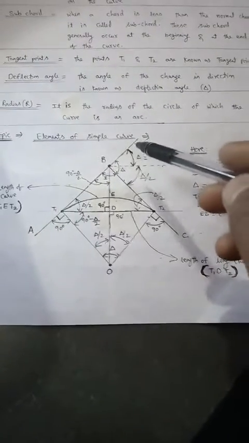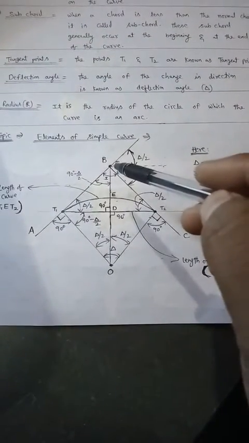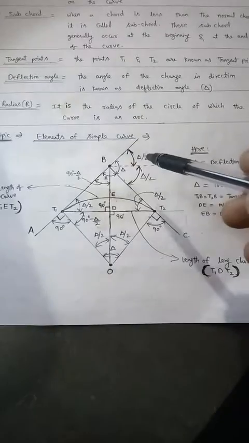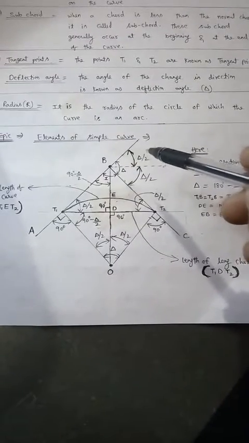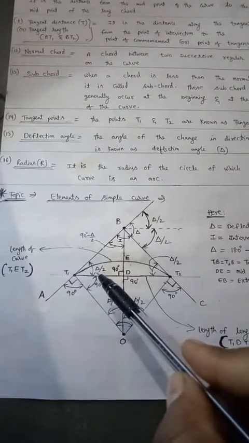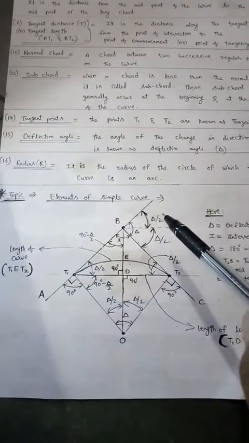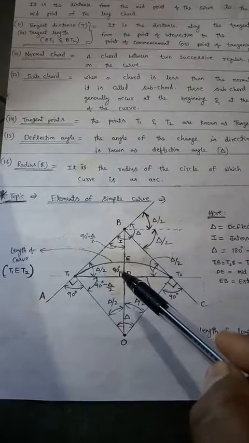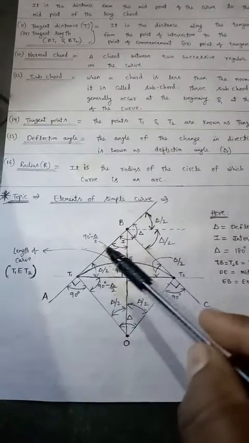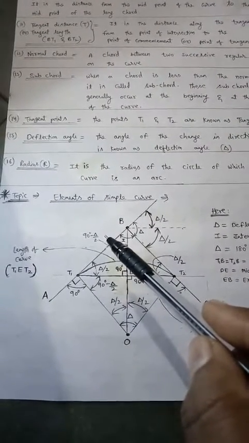Now this deflection angle we are making in two parts. Delta equals delta by 2 plus delta by 2. This delta by 2 occurs from the similar triangle. This is a right angle, and this opposite angle is 90 degrees minus delta by 2.